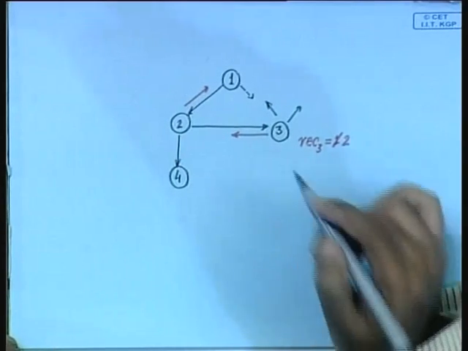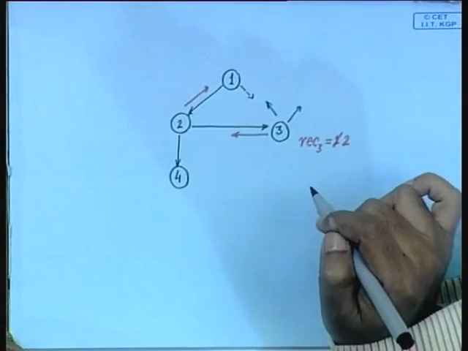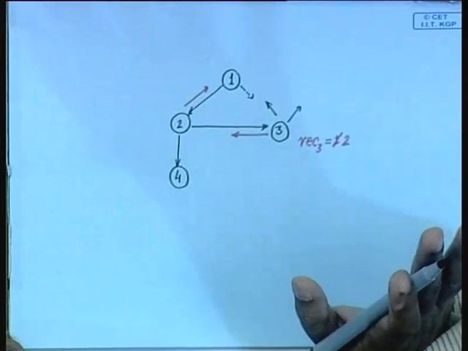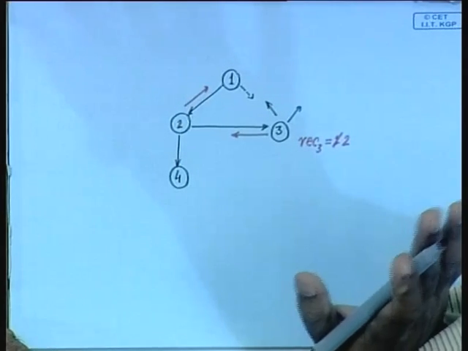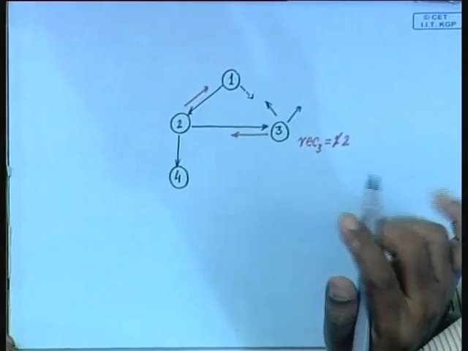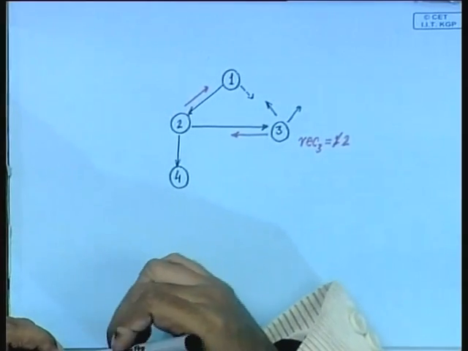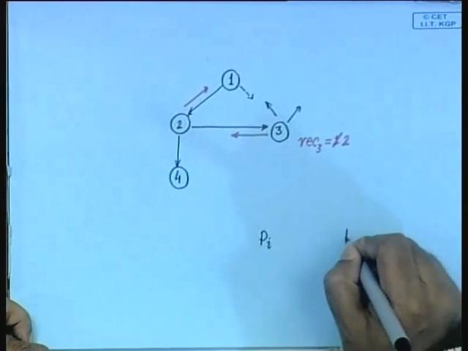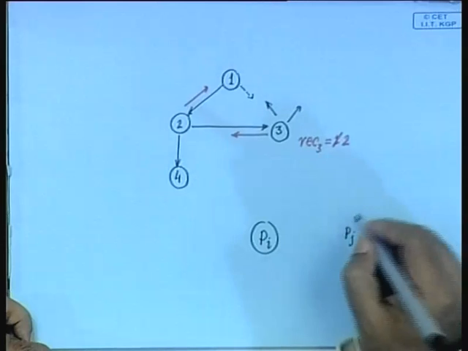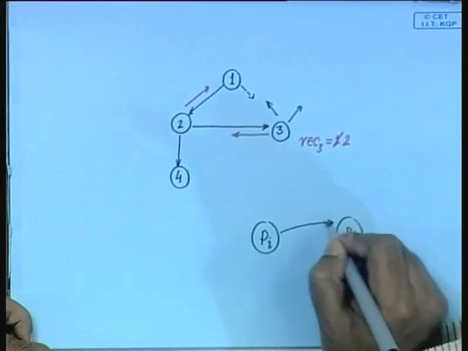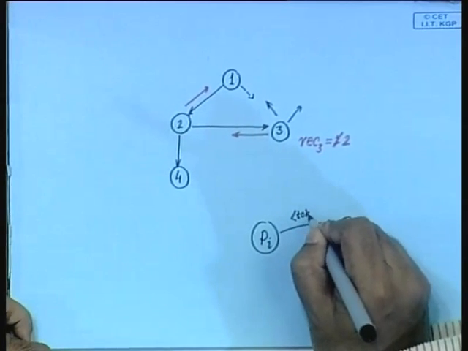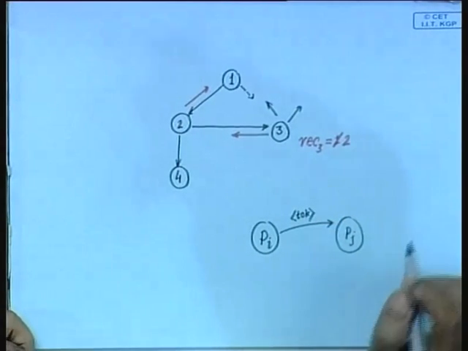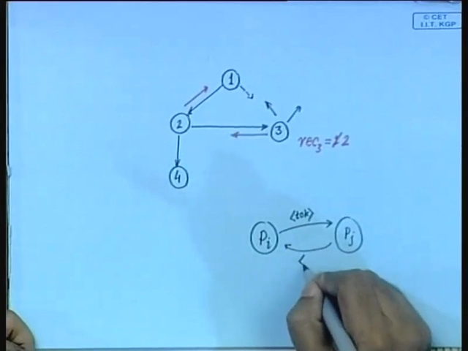Now, the question comes: along an edge, can a process send more than one token? The answer is no. Why? Because by the definition of the algorithm, if I look at process I and process J, process I is sending a token to process J only once, and process J is sending a token to process I only once.